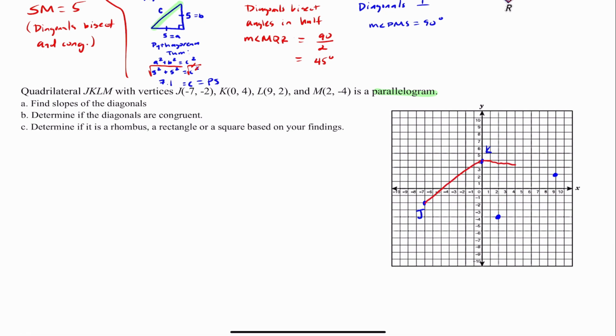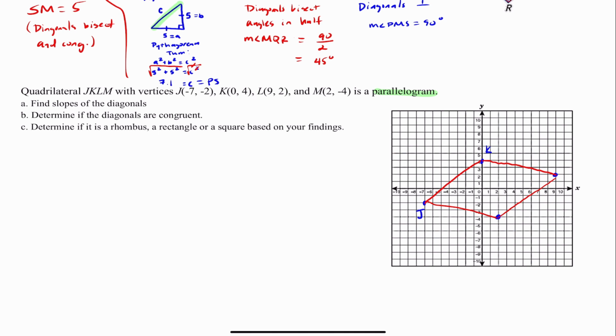That's wonderful. What am I trying to do? Well, I'm trying to figure out whether or not this is a square, rectangle, or a rhombus. Obviously, it looks like a rhombus to you, yes? But we got to go ahead and verify that. So one thing I have to do is find the slopes of the diagonals.